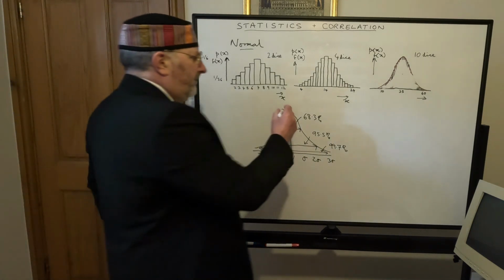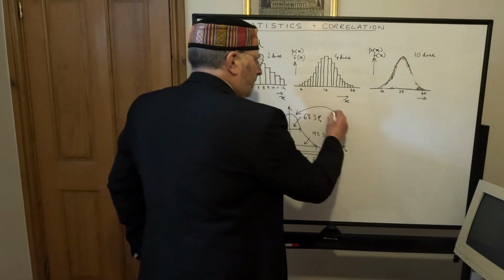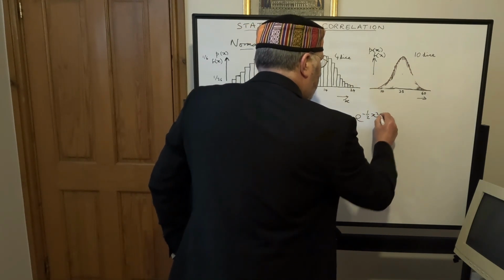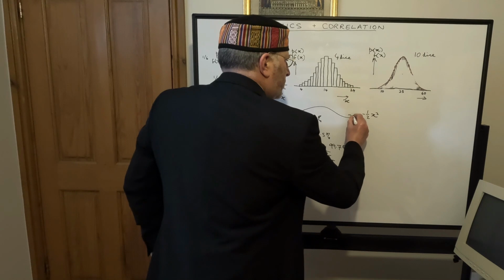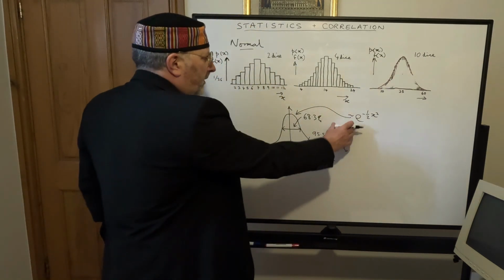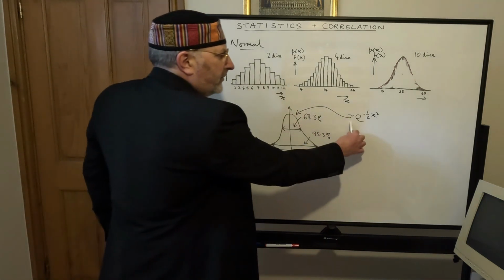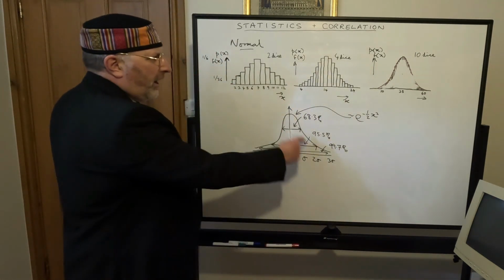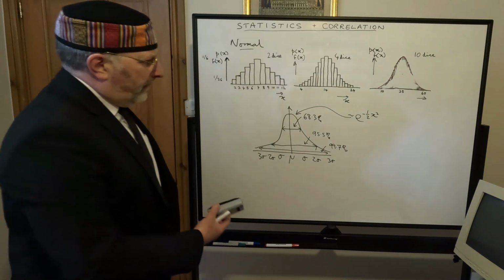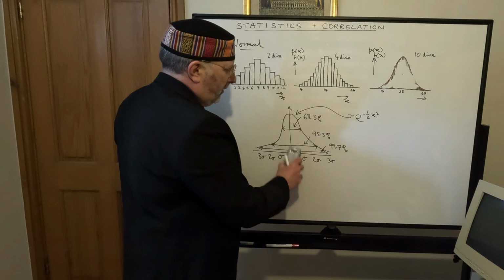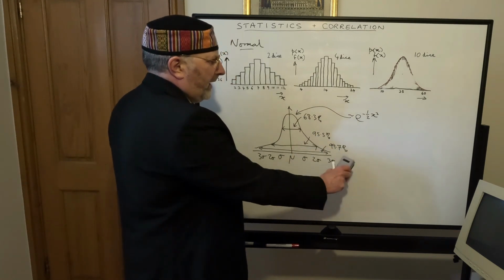And the formula for this curve is e to the minus a half x squared, or it's proportional to e to the minus a half x squared. There's some constant in front, doesn't really matter what it is. But the shape of the curve is defined by e to the minus a half x squared. So it decays exponentially with the square of the distance away, the square of x.